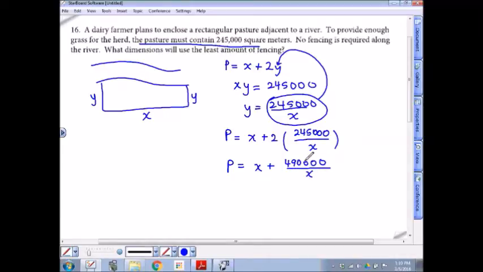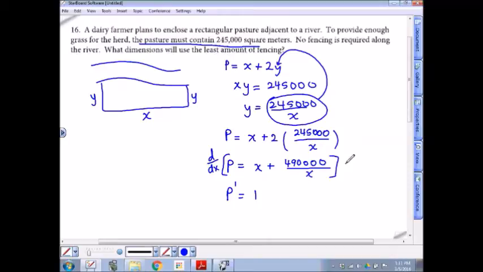So there's a new formula for perimeter. It's in terms of just x. Once it's in terms of all the same variable, you can take the derivative. So we're going to take the derivative with respect to x. So we're going to get P prime equals 1.